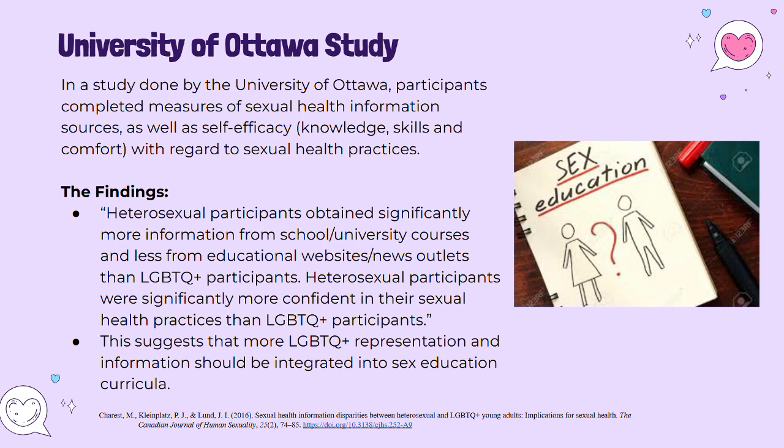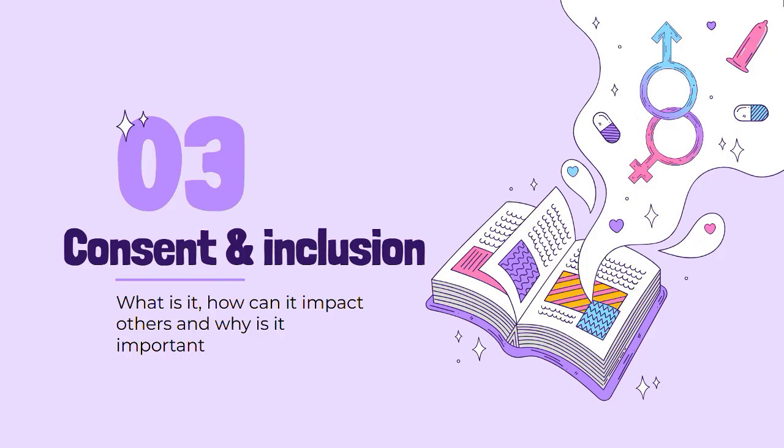The study found that heterosexual participants obtained significantly more information from school and university courses, and less from educational websites and news outlets than LGBTQ+ participants. Heterosexual participants were significantly more confident in their sexual health practices than LGBTQ+ participants. This suggests that more LGBTQ+ representation and information should be integrated into sex education curricula.